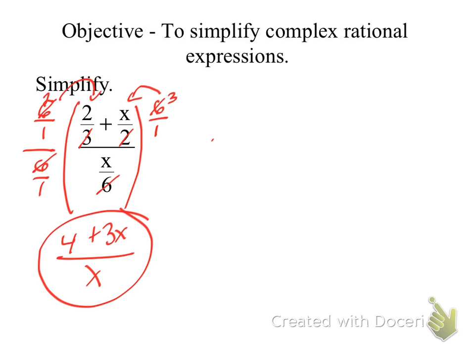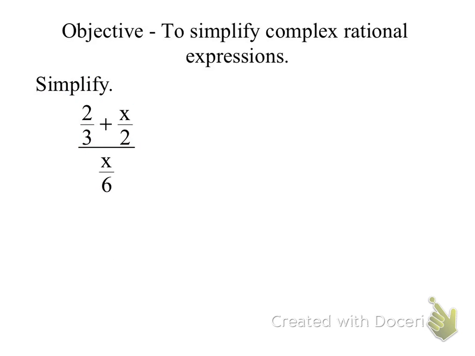Or rational expressions. How did you get 6 over 1 again? We figured out what would be the least common denominator of all three. So when I'm multiplying everything by 6, I have you line it up over 1, so you know that it goes with the numerator and you can cross cancel.